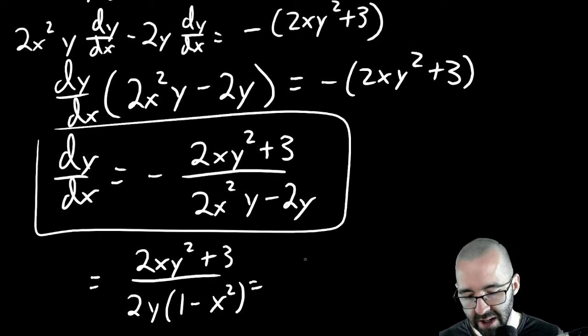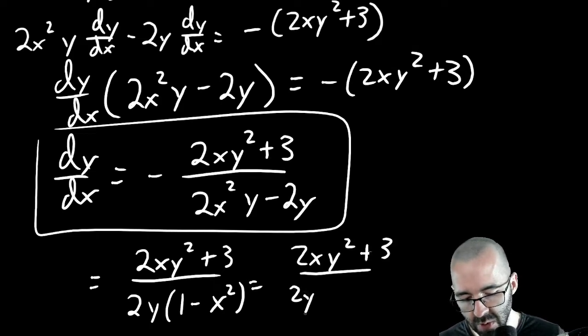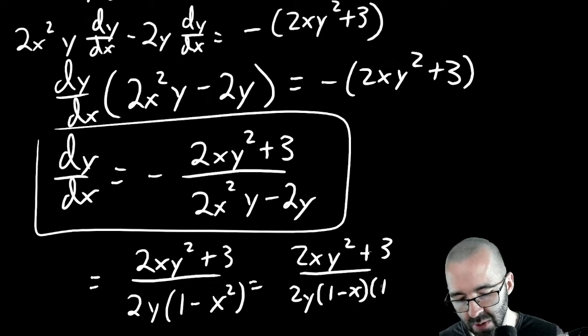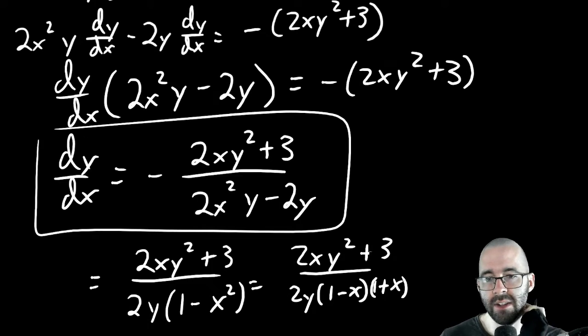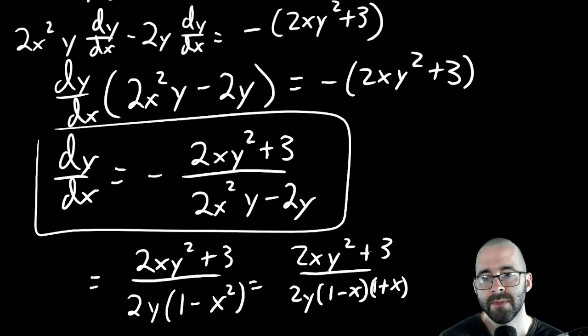Then you could keep factoring if you wanted: (2xy squared plus 3) over 2y times (1 minus x) times (1 plus x). We usually like things factored in the denominator, but you don't have to. That boxed answer is perfectly good as well.